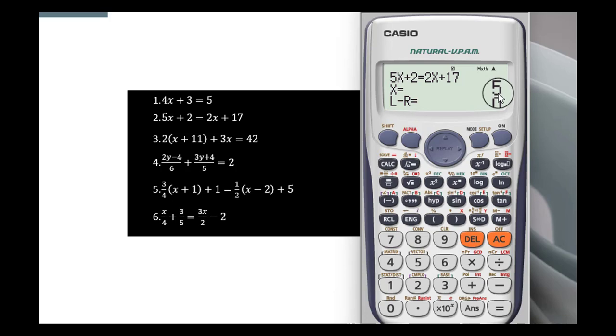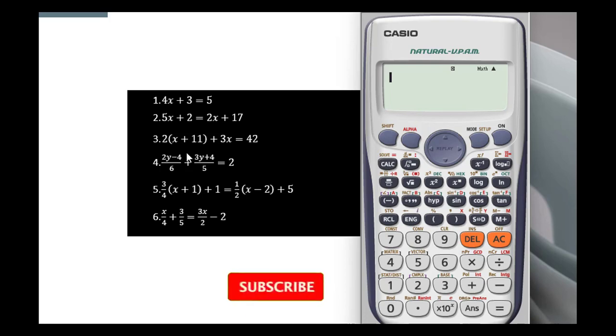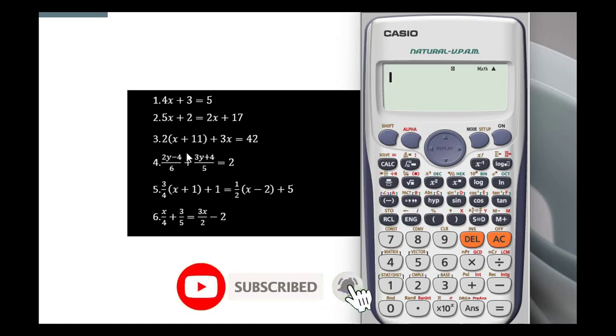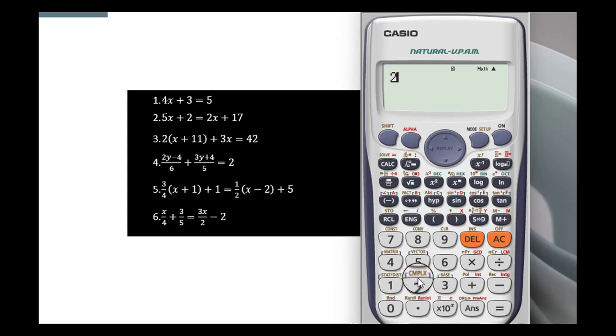Is that clear? Okay, let's move to number 3. Number 3 says 2 brackets open x plus 11 brackets close plus 3x is equal to 42. So we type 2, brackets open is here, and then we press our x.